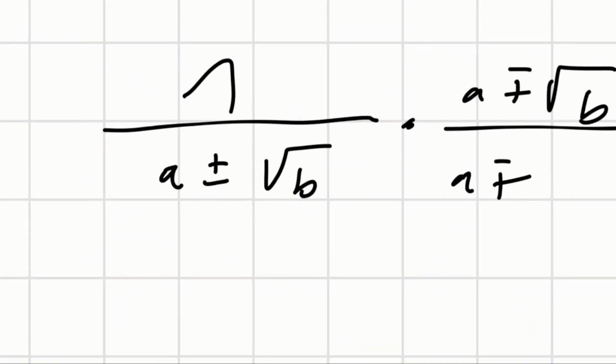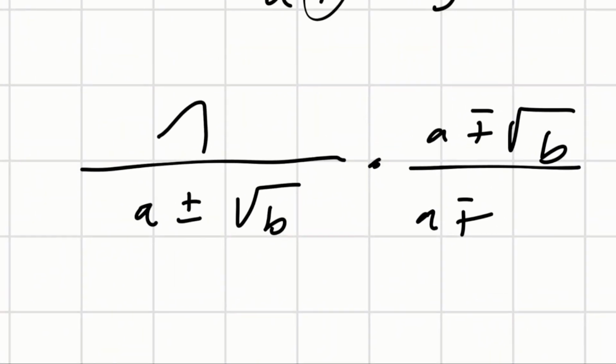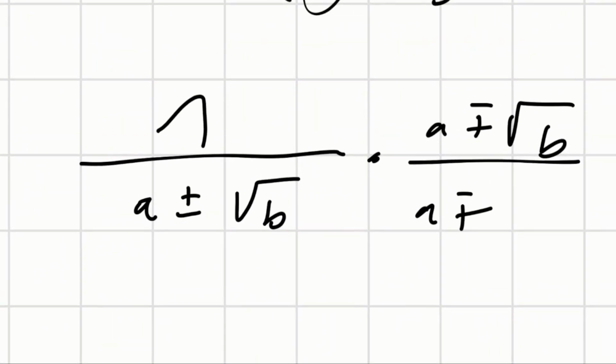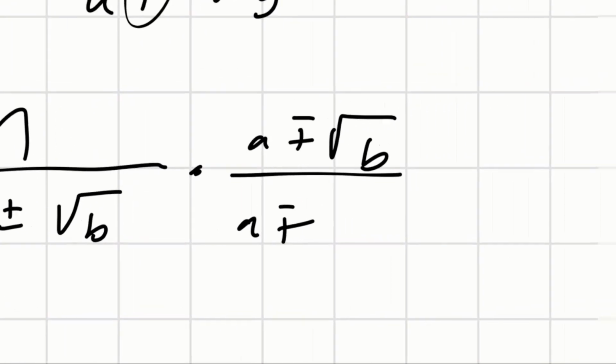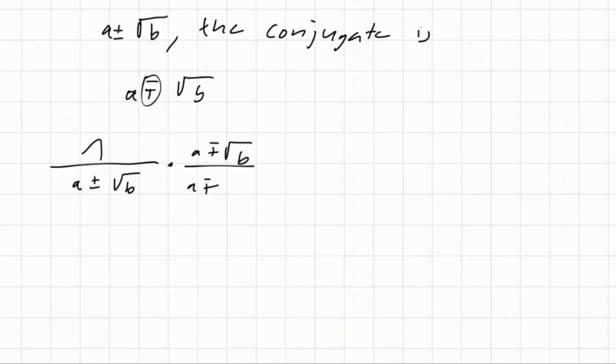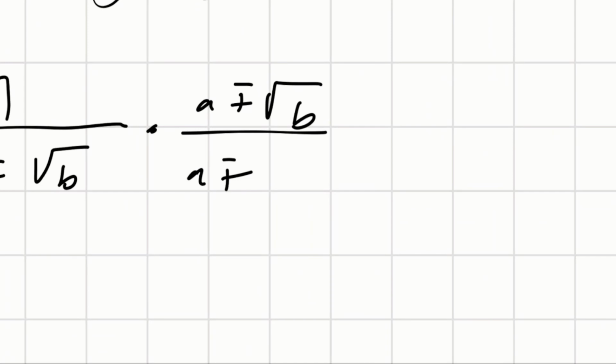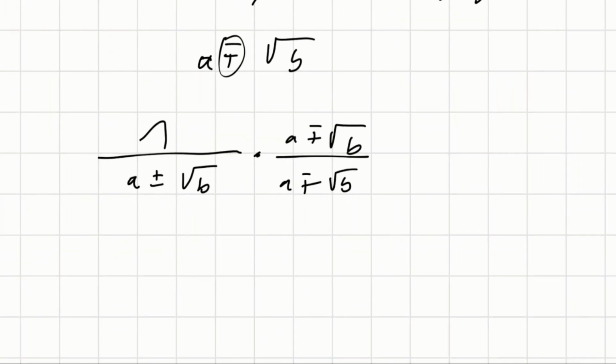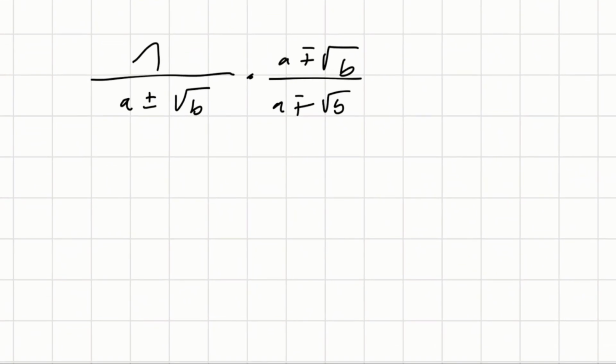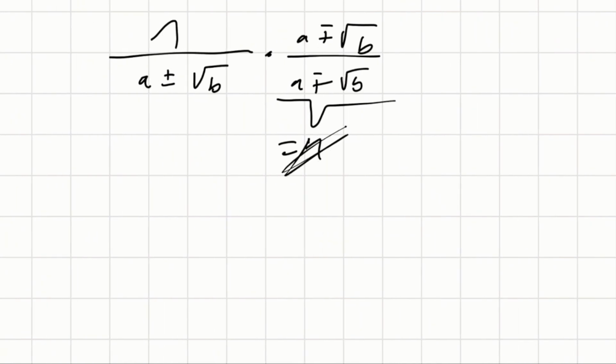If we have any form, for example 1 divided by a plus or minus the square root of b, the conjugate form would be a minus or plus the square root of b. Why is this true? Because this term here equals 1, and therefore this still stays true.